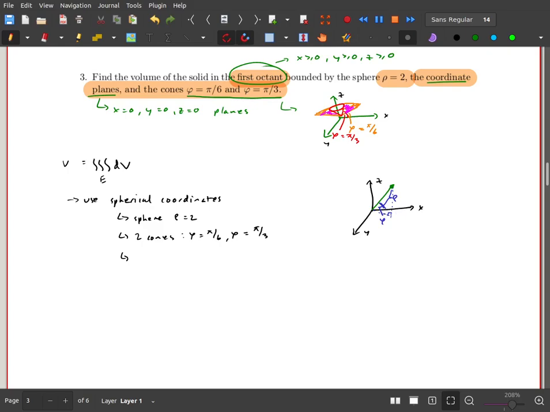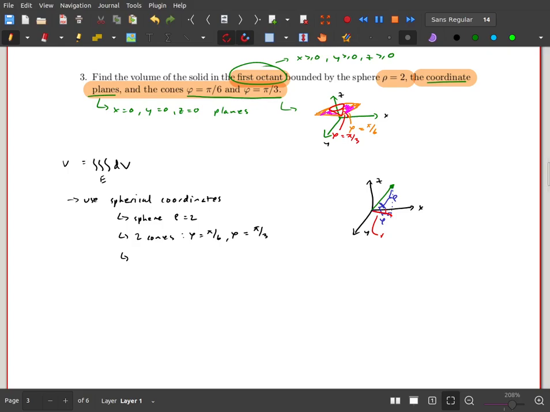Then, if you were to project rho down to the xy plane, that will make a right angle triangle there. This line that you project down, let me switch colors, so you look from the top down, will have a length of r, corresponding to the radius in cylindrical coordinates.